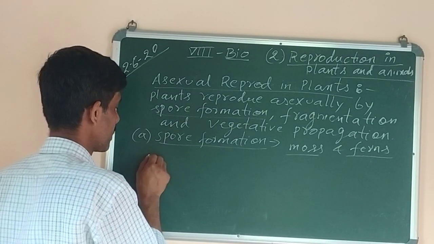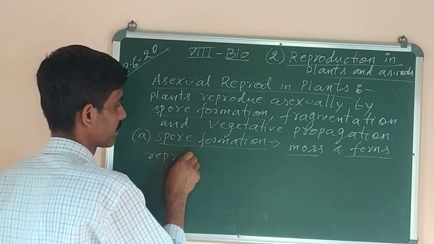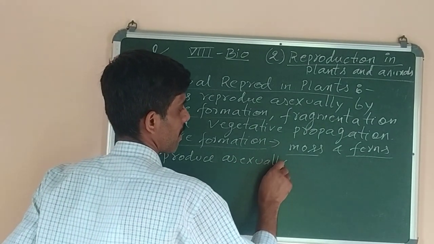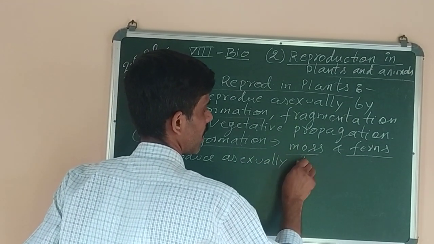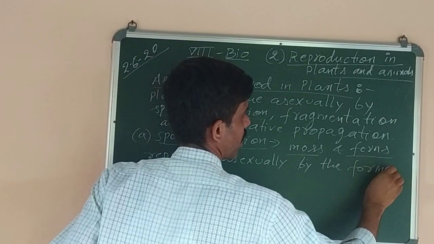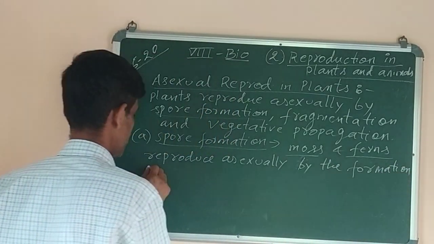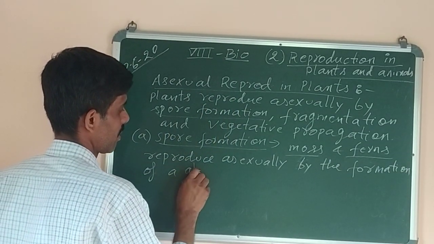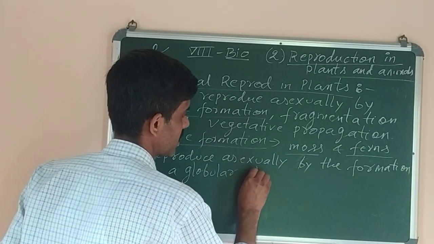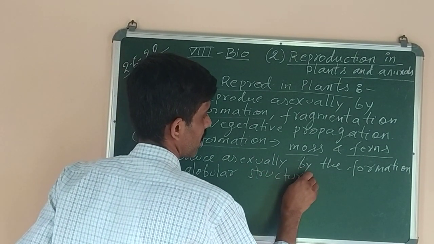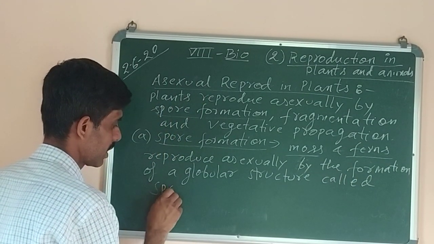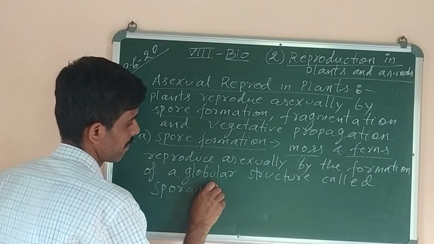Moss and ferns reproduce asexually by the formation of a globular structure, a globular means spherical structure, called sporangia, and the singular is sporangium.